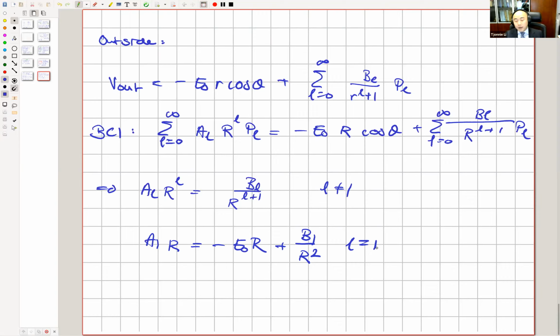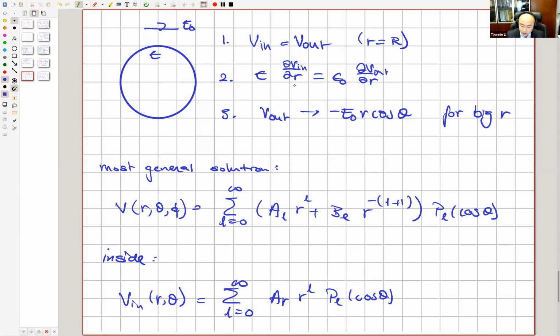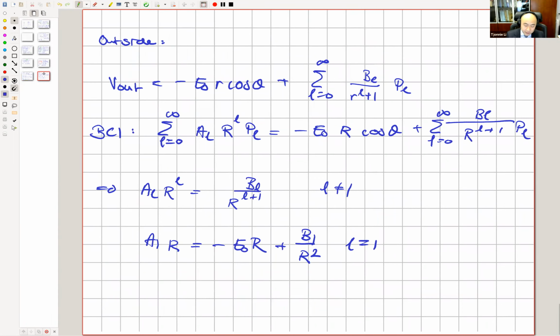Okay. I can do the same thing, but now I need to differentiate this. If I differentiate this, I get another condition, but now with epsilon on the left-hand side and epsilon naught on the right-hand side, and then I end up combining these two in such a way that I get the coefficients out.